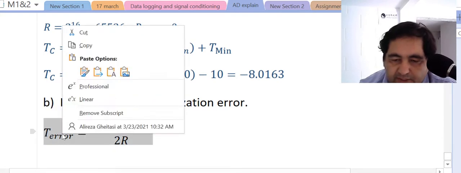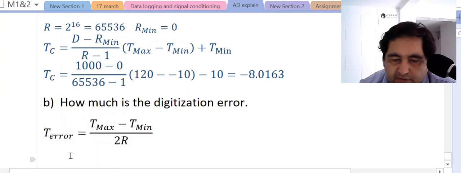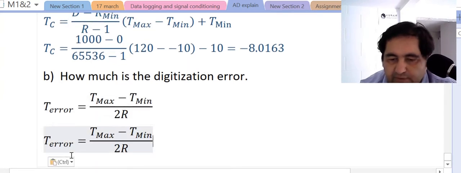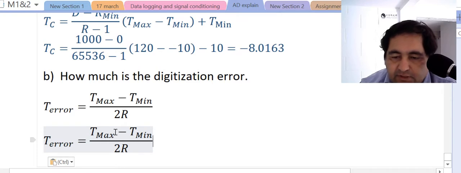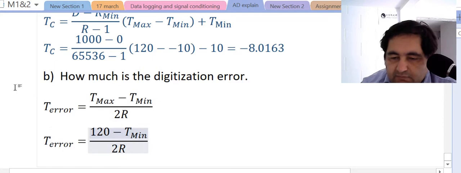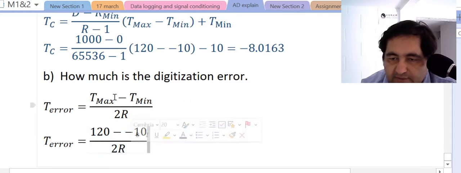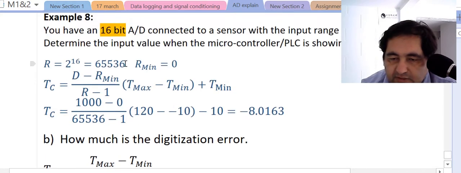Again, copy and paste the formula to write the values in it, so hopefully it makes more sense. T error equals T maximum, which we said is 120, minus T minimum, which was minus 10, over 2R, and R equals this number.